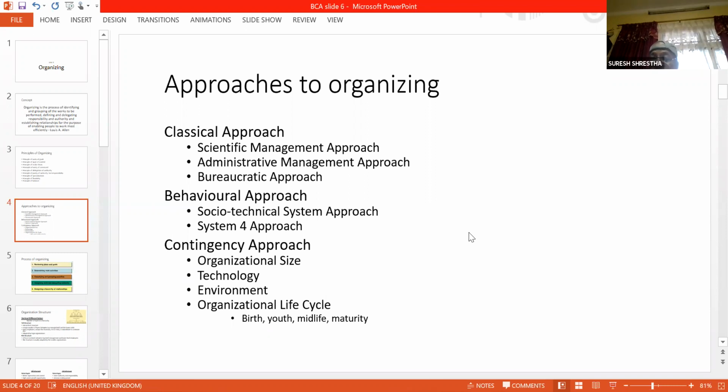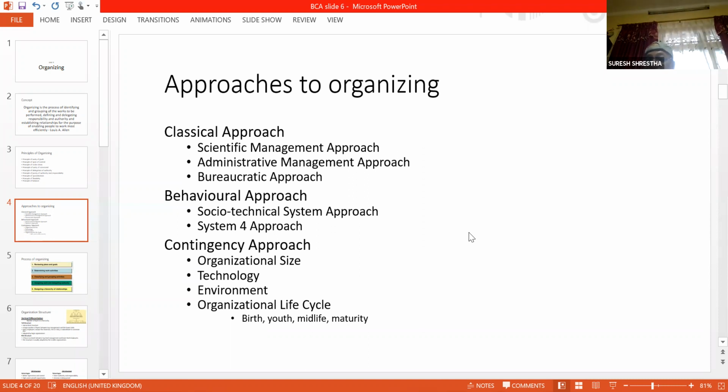If the size of the organization is small, you will not have too many hierarchy levels in between. It is a flat structure, more organic in nature. But if you have a very large organization, then you will have more layers in between. From top level management to the lower level workers, there will be too many layers. So it depends upon the size of the organization.